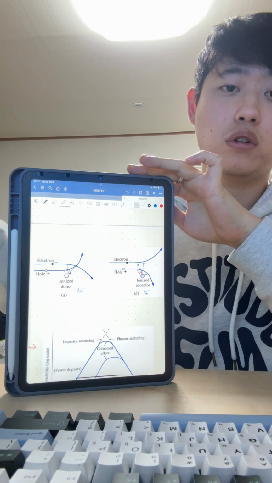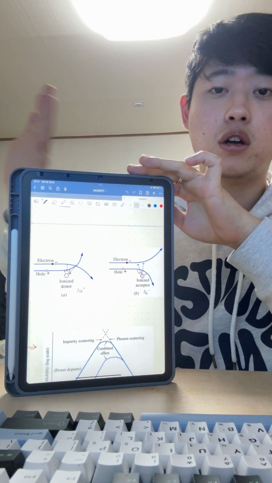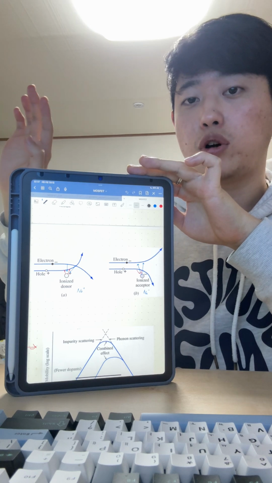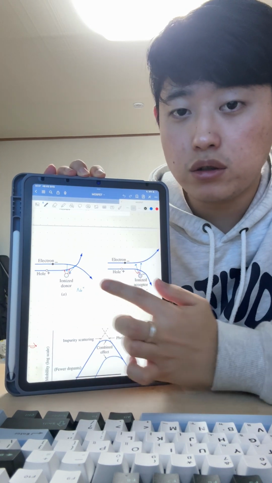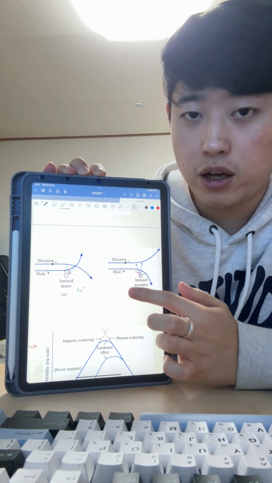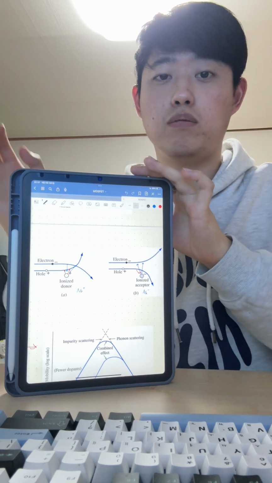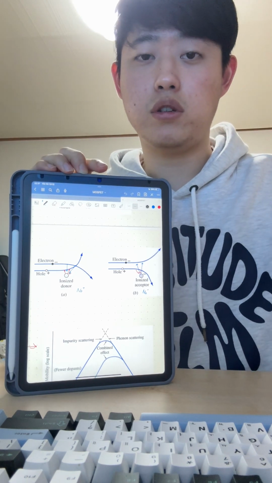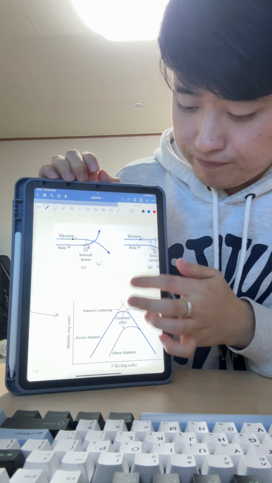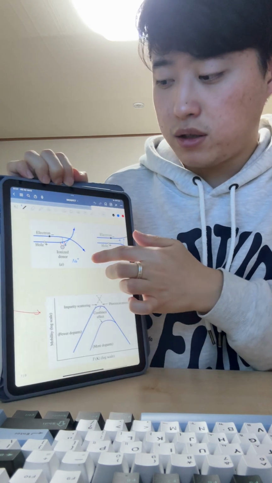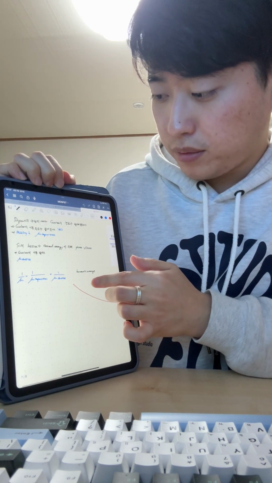So the electron comes much closer and pushes the hole. And if it is an acceptor, there is a reverse effect. So this is impurity scattering.